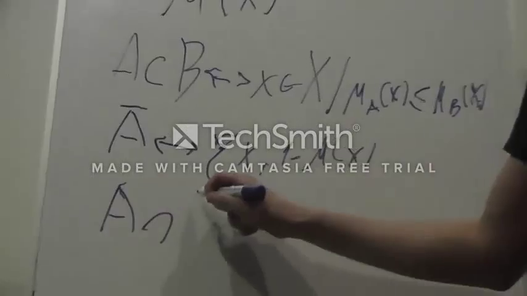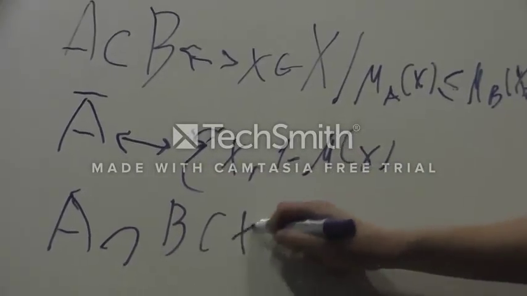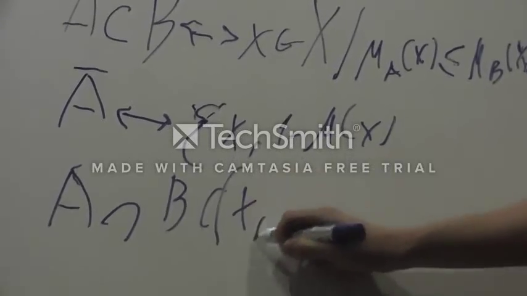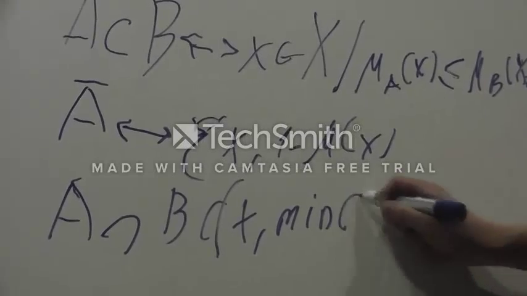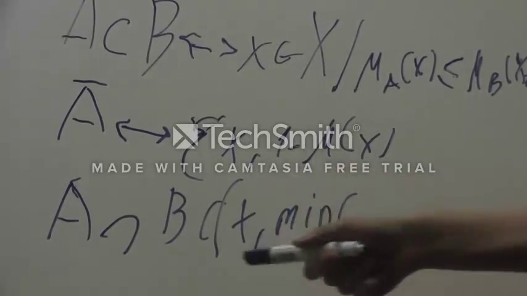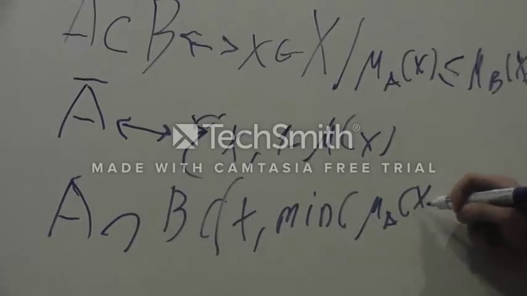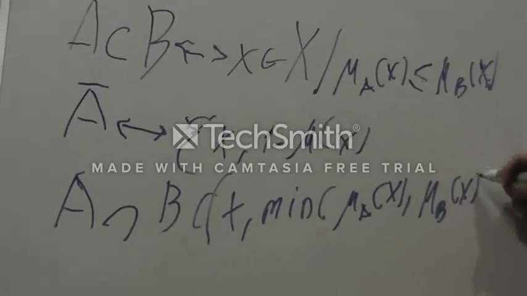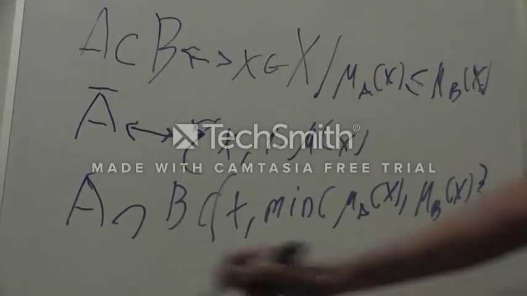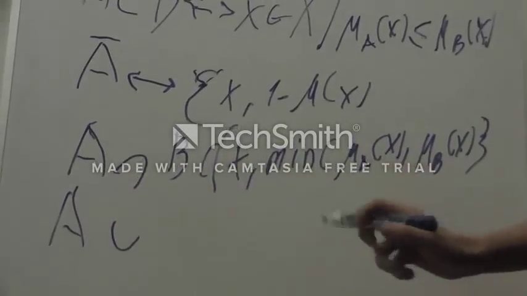Intersection: for each x we choose the minimum of memberships of this x in A and B. And for union we choose the maximum.